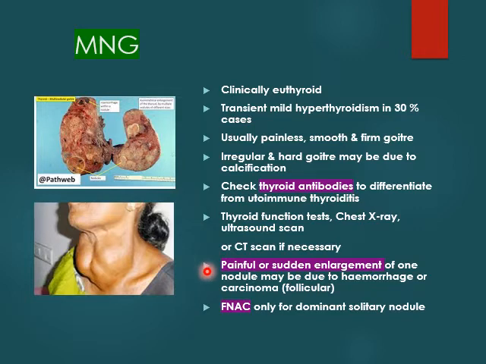Painful or sudden enlargement of one of the nodules may be due to hemorrhage or carcinoma, which is usually follicular carcinoma. So multinodular goiter is usually painless and progressively increases in size. If there is a sudden increase in size or it suddenly becomes painful, you must think of hemorrhage or malignant change. These cancers can be diagnosed by doing an FNAC for these patients.